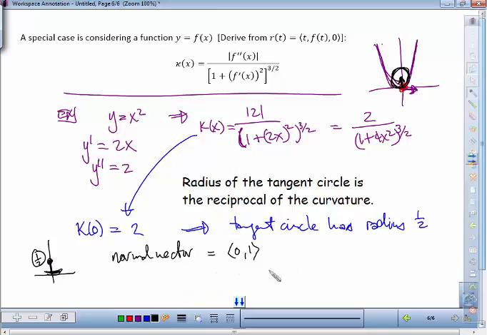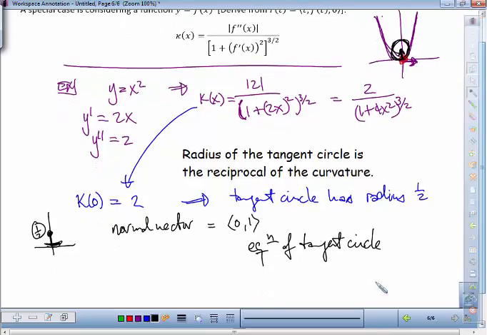So the equation of the tangent circle is going to be x minus 0 squared plus y minus, remember the center is going to be at 0, 1/2, y minus 1/2 squared is equal to 1/2 squared.